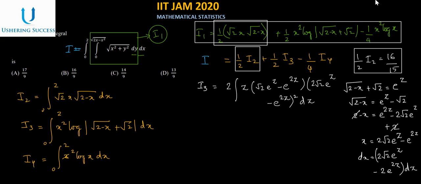Or I can write half I3 is equal to integral of z into, I can take e to the power z common, e to the power z into root 2 minus e to the power z, and from the second term also I can take e to the power z common, so e to the power z square, or e to the power 2z, it becomes, and we are left with 2 root 2 minus e to the power z whole square dz.